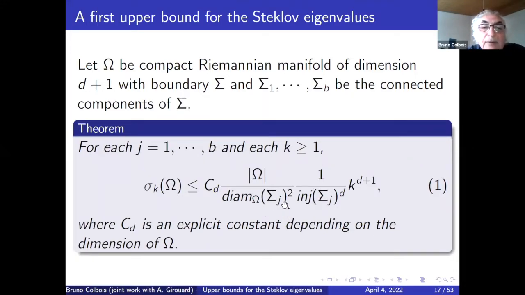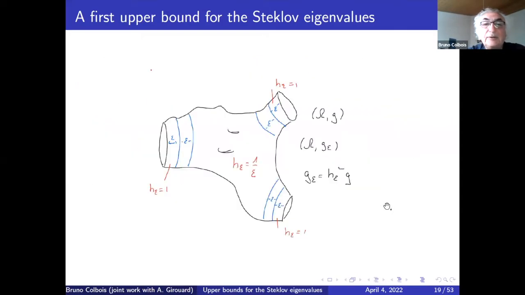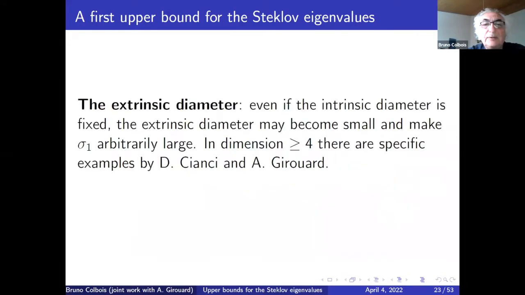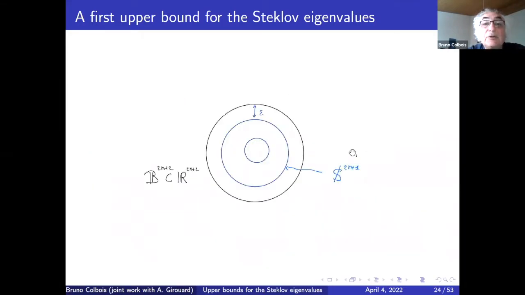You see, the volume is around 1, the injectivity radius is fixed, and the extrinsic diameter goes to 0, and also sigma 1, so that you need to take into account this diameter. So I didn't explain why it goes to 0. Come back. So why does the diameter go to 0?